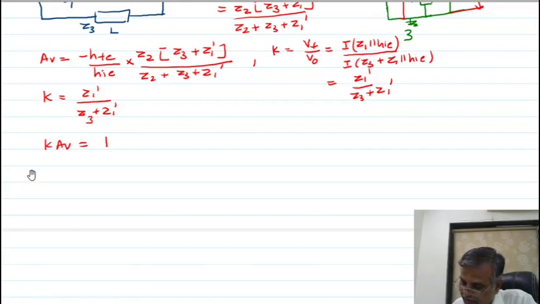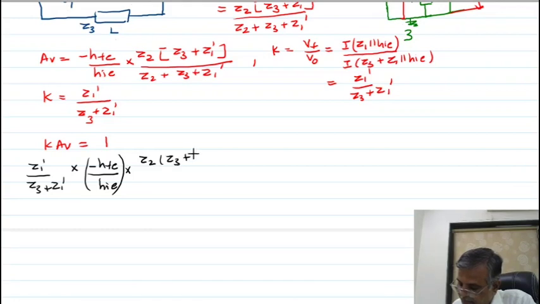I am writing Z1 dash upon Z3 plus Z1 dash multiplied by AV, minus hfe upon hie into Z2 upon Z2 plus Z3 plus Z1 dash. This should be 1.